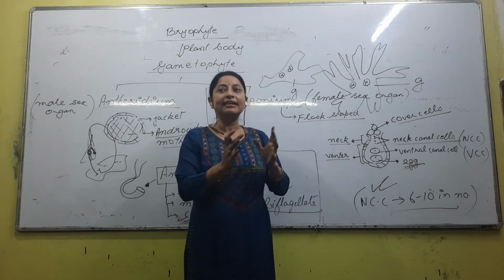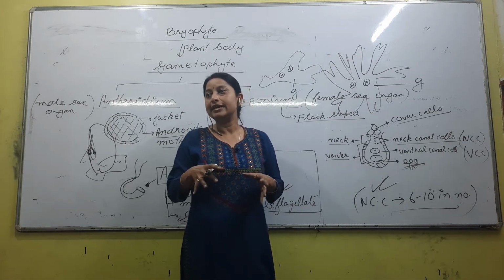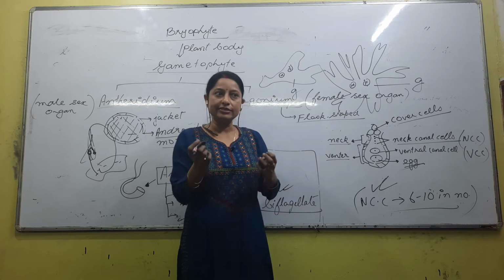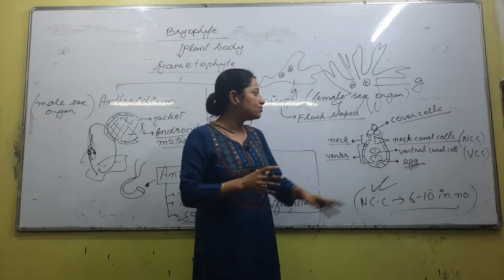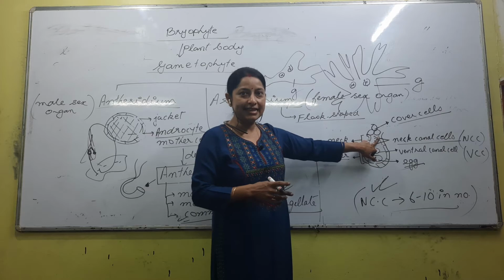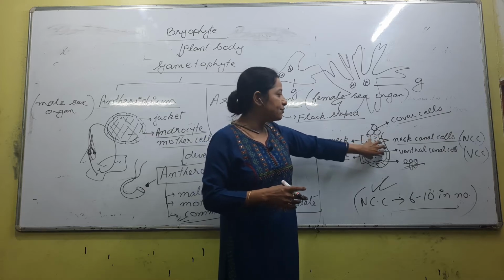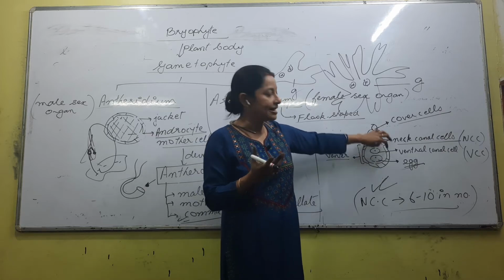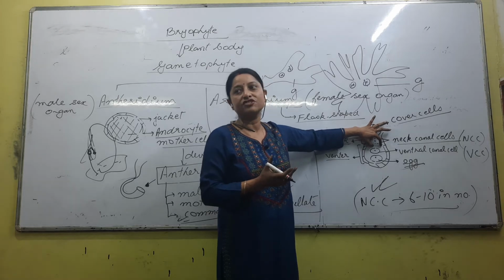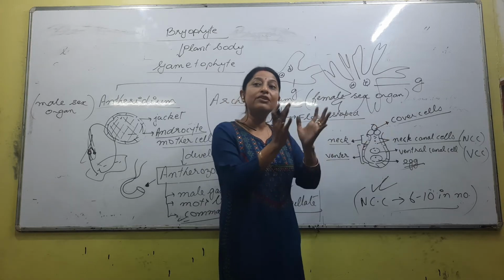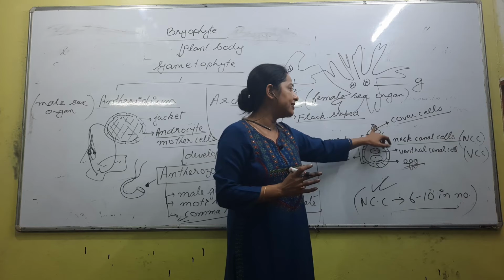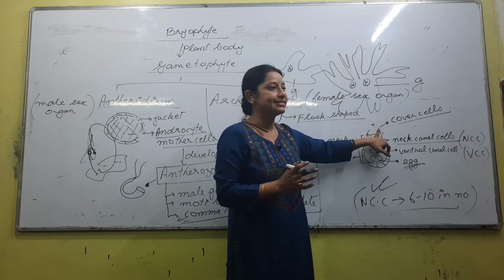Because we know the plant branch is there, the water body is around. So, archegonia when it gets matured, it starts absorbing water. This water will break down these cells, right? And ultimately, they will produce a gel-like or mucilage-like substance inside this flask-shaped structure. Once it is filled with mucilage, it will exert a pressure and ultimately it will open the cover cells.